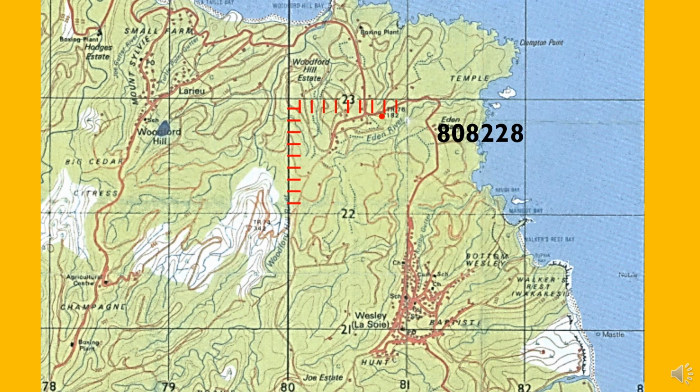Next, we want to find the 6-figure grid reference of the school at Wesley, which is right here in red. As we can see, it is crossed by the Easting 81, which means that 81 is our 1st and 2nd figure.